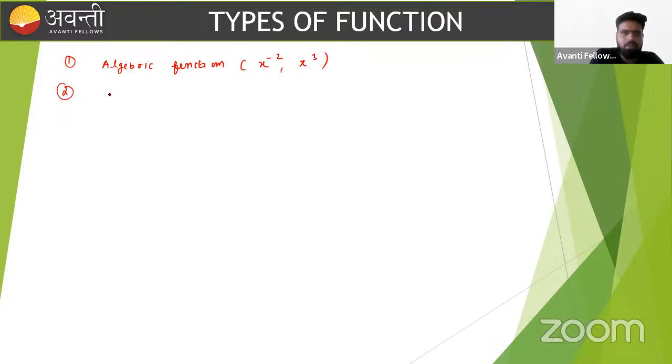The second one is the trigonometric function. We learn six trigonometric functions: sine, cos, tan, cot, sec, cosec. Then we learn about the exponential function. Then we learn about the logarithmic function.